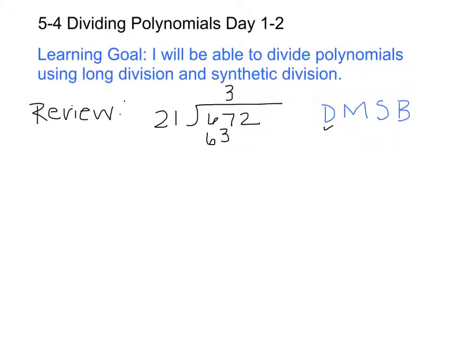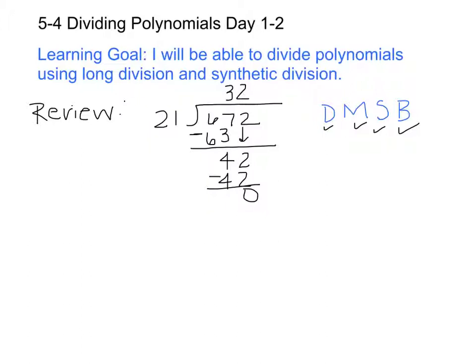And then subtract or change the sign. And then that'll leave you with 4. And then you bring down the next number, or next term, and you start all over again. Then you do 21 into 42, which is twice. Then you multiply, so change the sign or subtract.